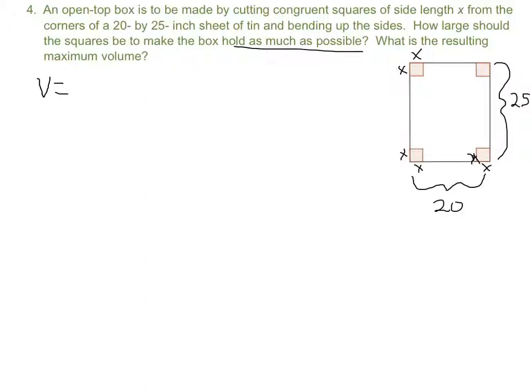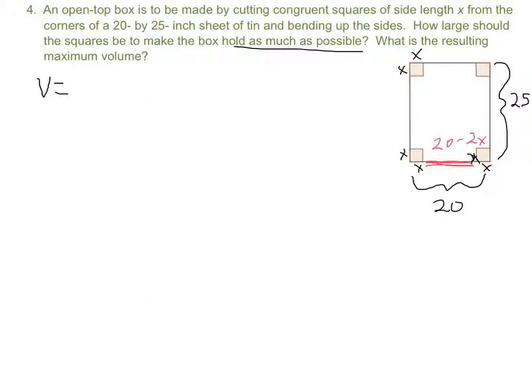Since we are going to cut out squares on each side of this sheet of tin, the actual size of the box here will be 20 minus 2x, because it was 20 from corner to corner, and we cut out 2 squares with a length of x. So the box itself will only have a length of 20 minus 2x.